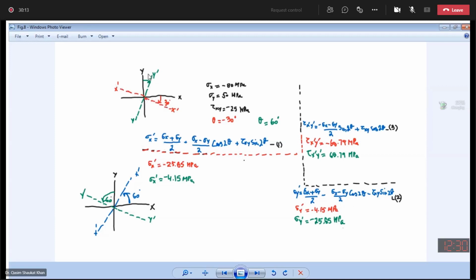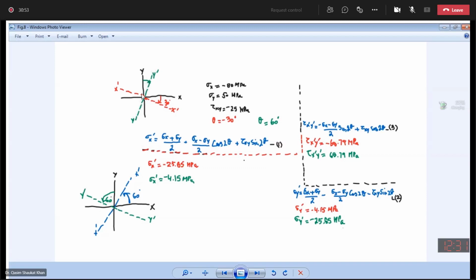About the y dash axis, this angle will be 60 degrees. So about the y dash axis, I got the normal stress sigma y dash as minus 4.15 megapascals.